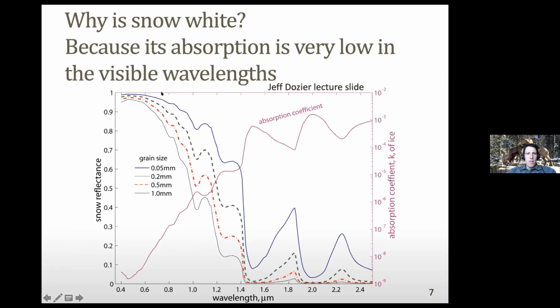Okay, so these curves, the blue, the dashed green, the dot dashed red, and the black, are all different types of snow with different grain sizes.